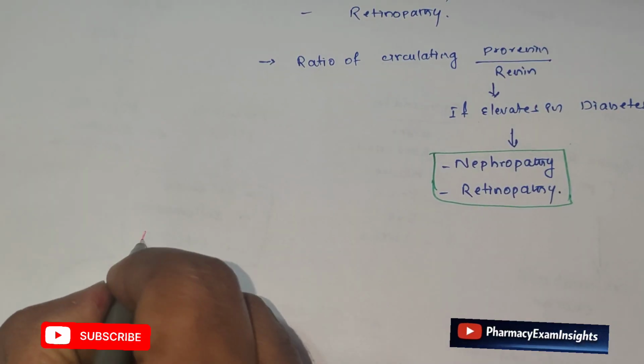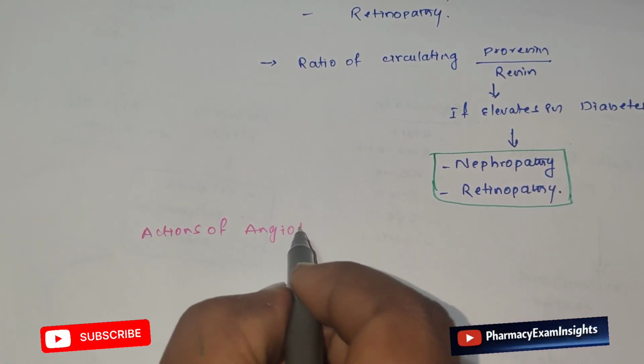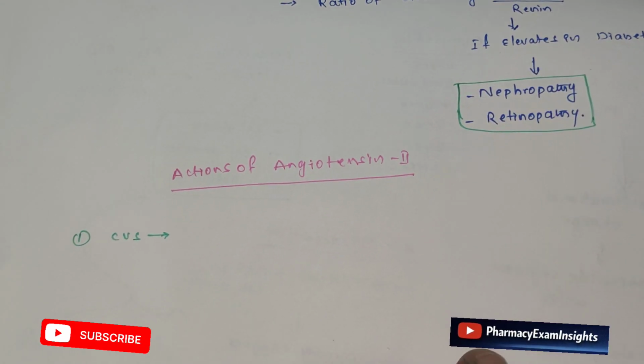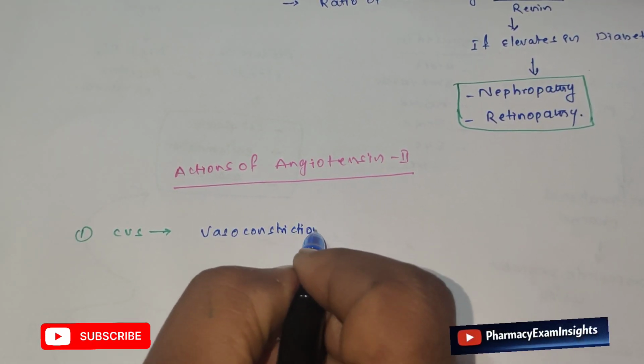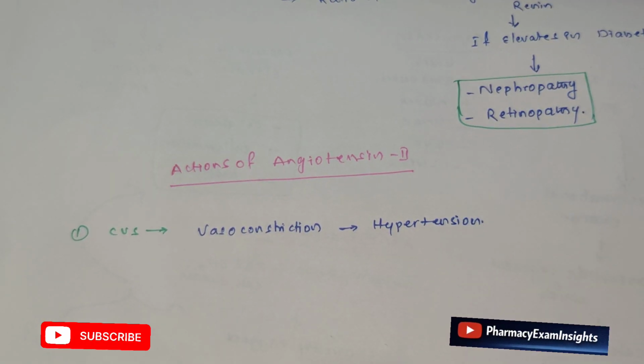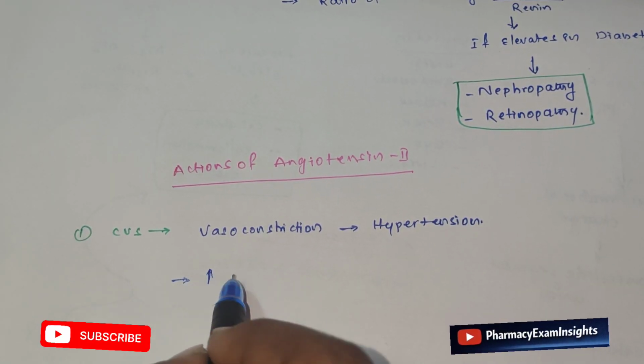Now let's discuss actions of angiotensin 2. First one is cardiovascular system. As angiotensin 2 is a potent vasoconstrictor, it will cause vasoconstriction.